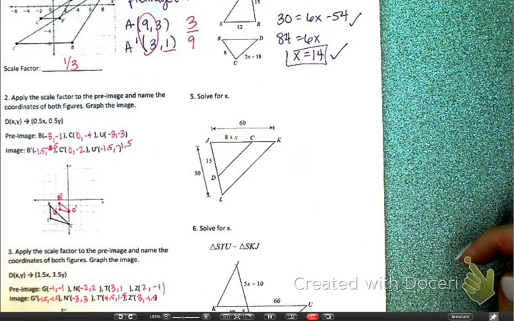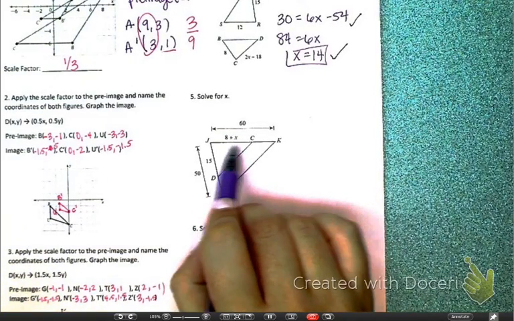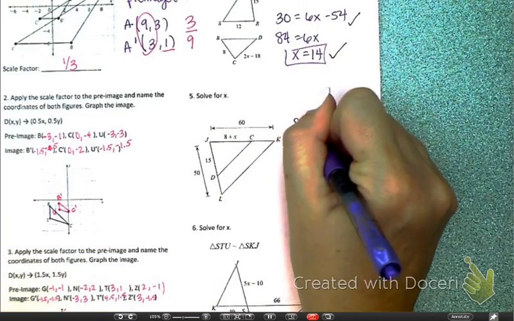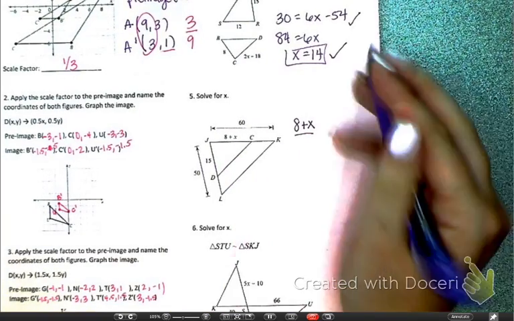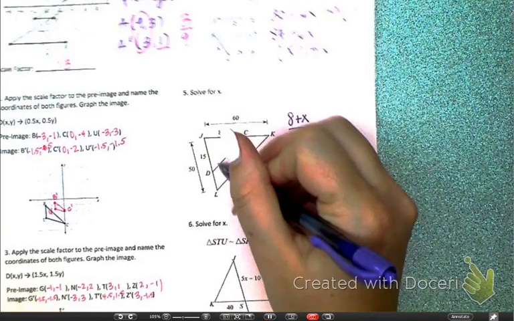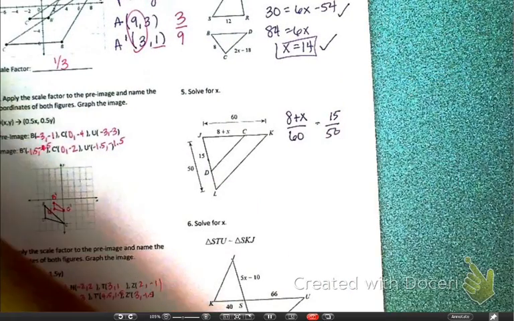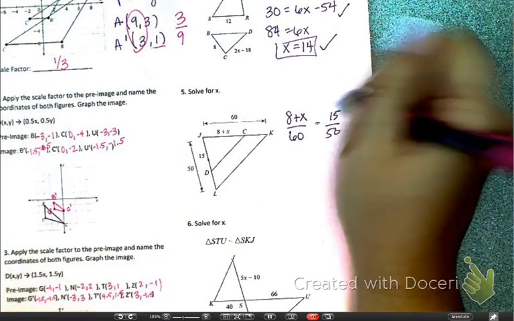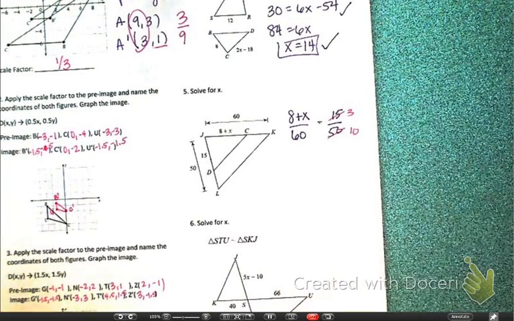Number 5. Small triangle to big triangle. So on this side, the small triangle is 8 plus x. What's the big triangle? 60. Small triangle is 15. Big triangle is 50. I know 5 goes into 15 3 times and into 50 10 times. From there, I'm going to cross multiply.